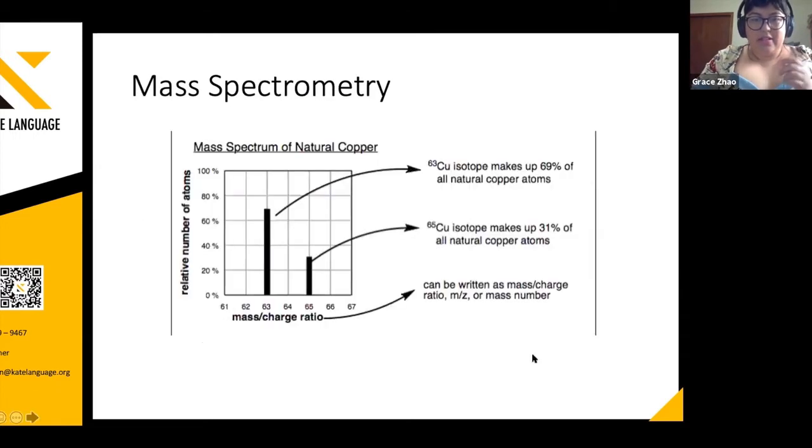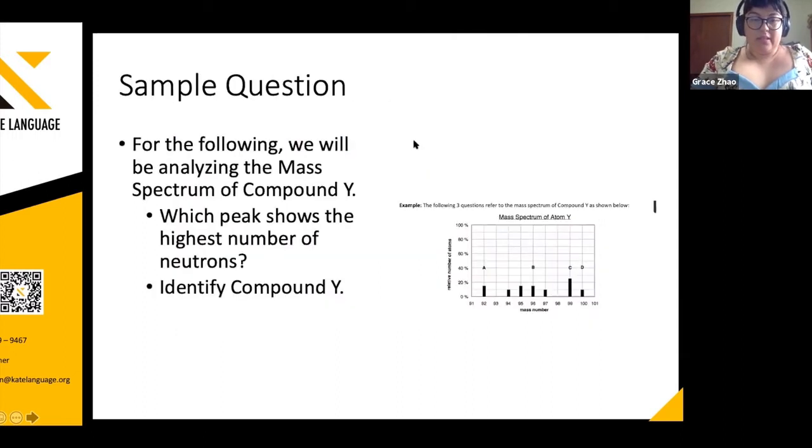Here's an example of what it could look like with natural copper. Here we want to know the relative number of atoms of natural copper. We can see that we have copper-63, which makes up 69% of all natural copper atoms.